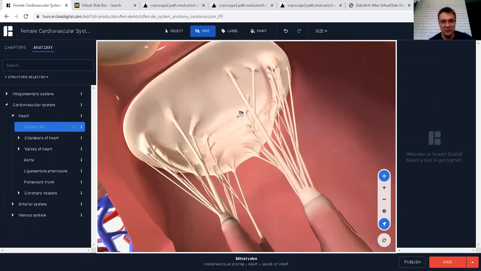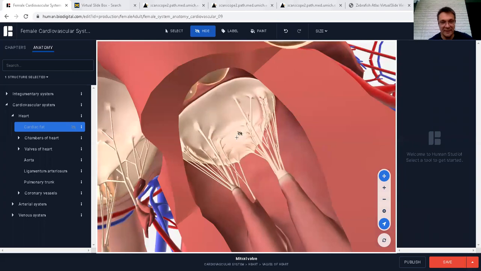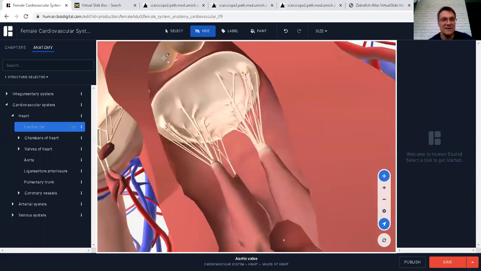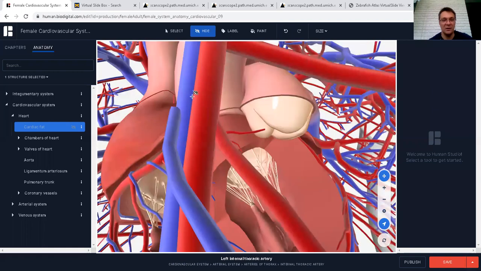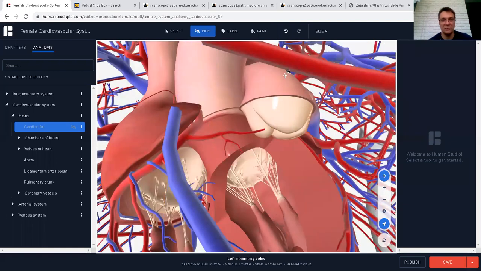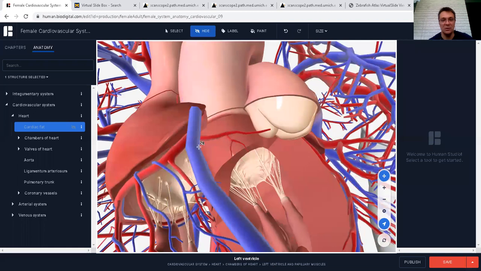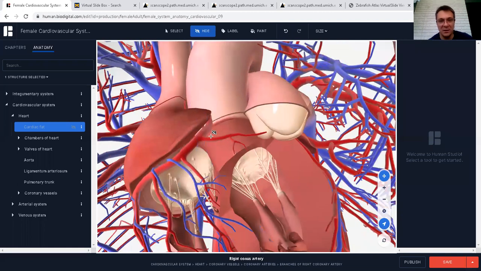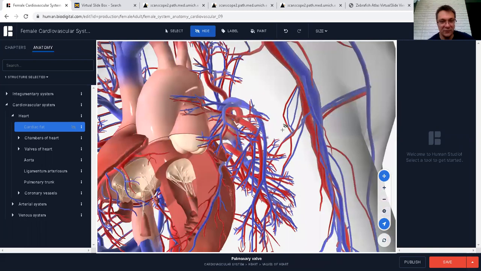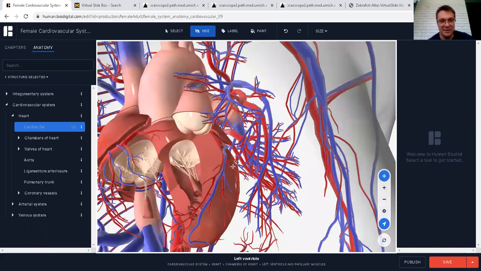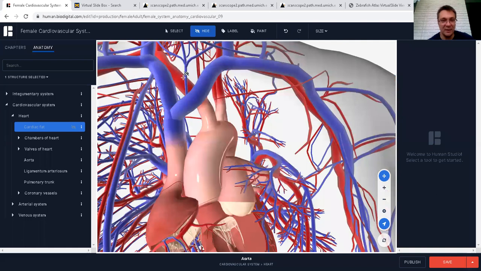For sure, they could be detached and then pass through the aortal valve into the aorta, and then later by the aorta, these masses could be spread out by different branches of the arterial tree.